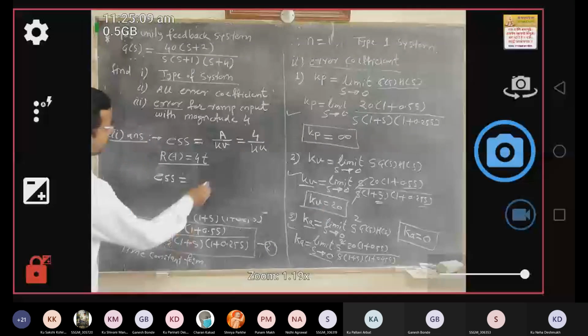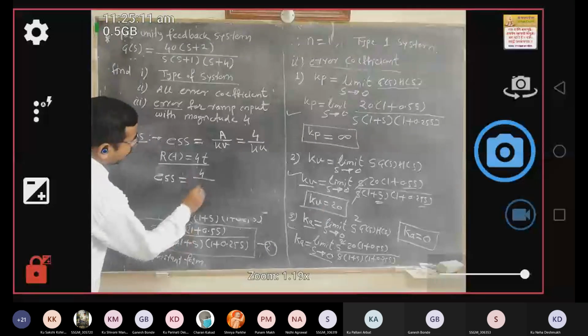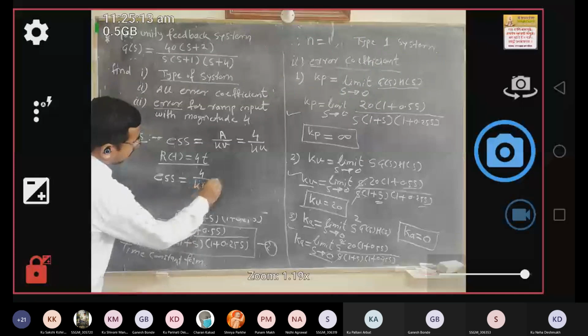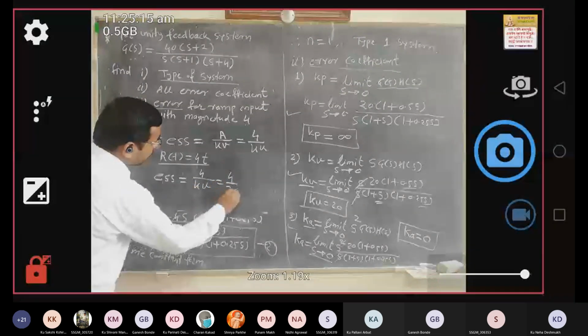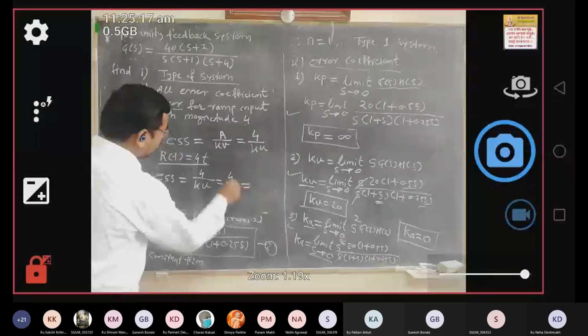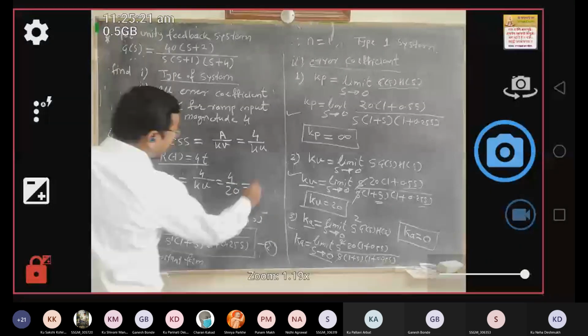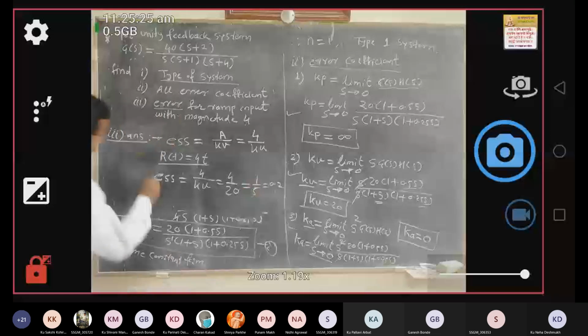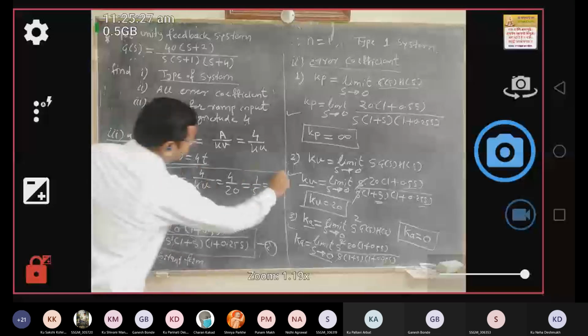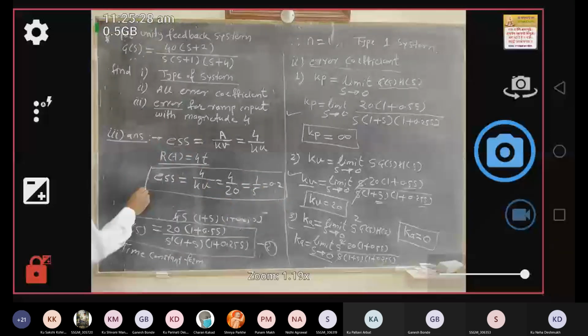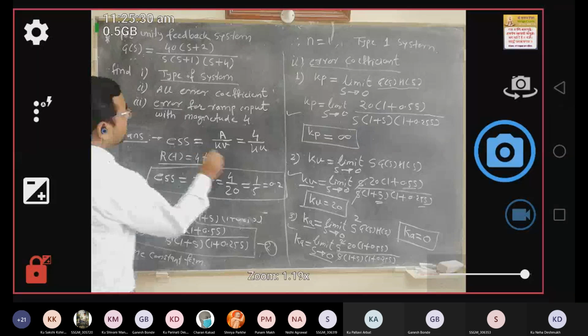So we just substitute this value. 4 upon Kv, so here 4 by 20. What is the value of 4 by 20? It is 1 by 5, that means 0.2. So when we apply an input of 4 times ramp signal, at that time the steady state error is 0.2.